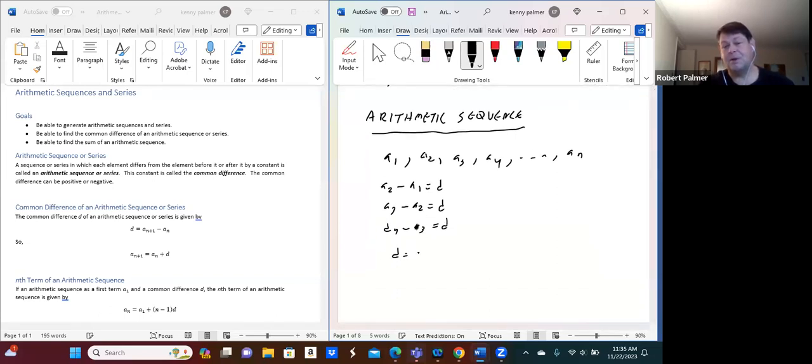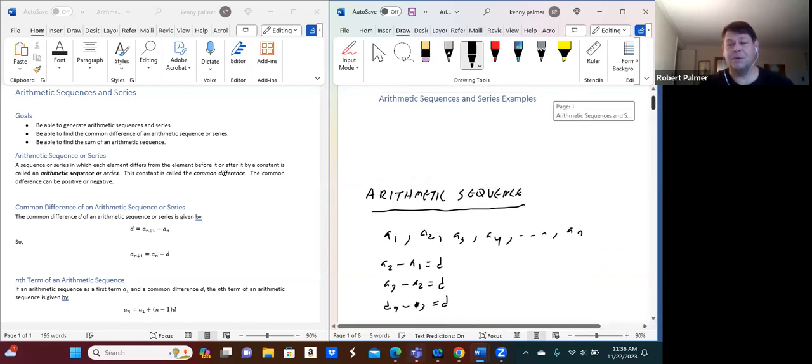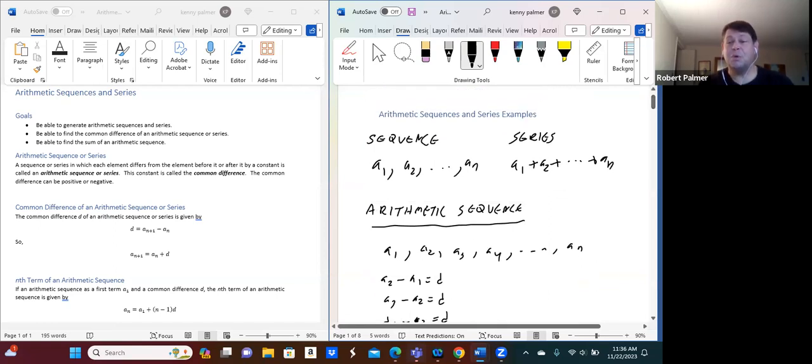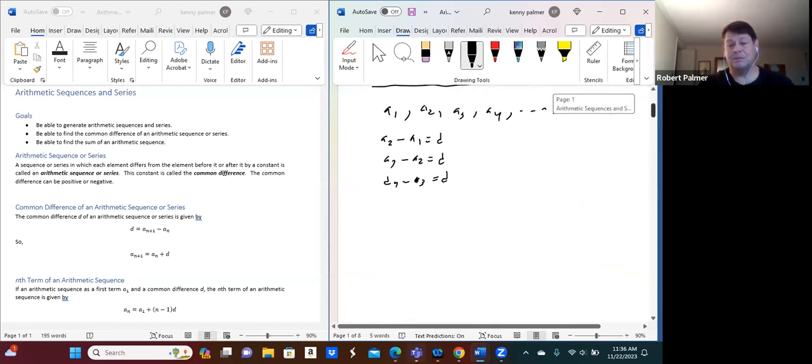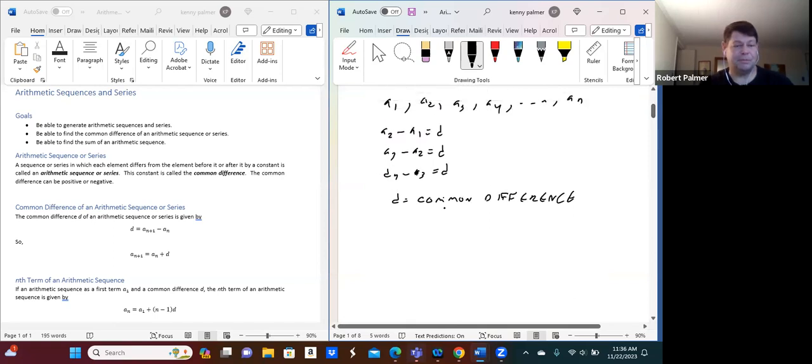So D is called the common difference, because they'll have that in common. That's what defines an arithmetic sequence. Something can still be a sequence without that being true, but that's what an arithmetic sequence means: a common difference.